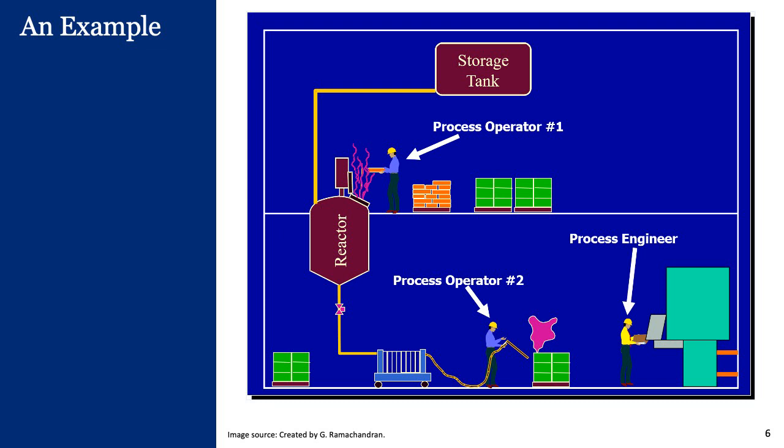So what we are going to do first is look at this hypothetical workplace where there are some processes occurring, and we'll look at process operator 1 first, and then later on look at process operator number 2.